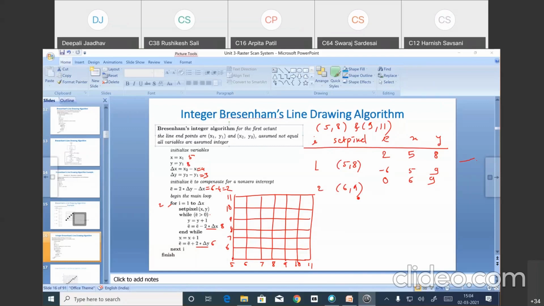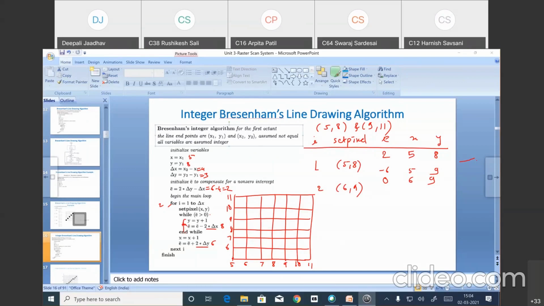So here, is e greater than 0? No, e is equal to 0. So y remains as it is. We are not entering this loop, because e is not greater than 0, it is equal to 0. So it comes out and starts with x is equal to x plus 1.